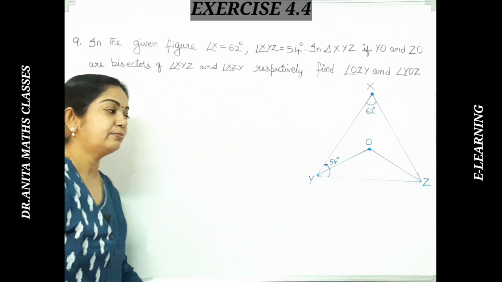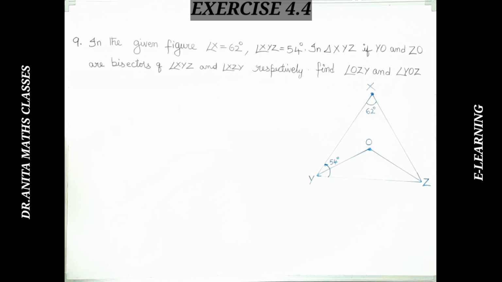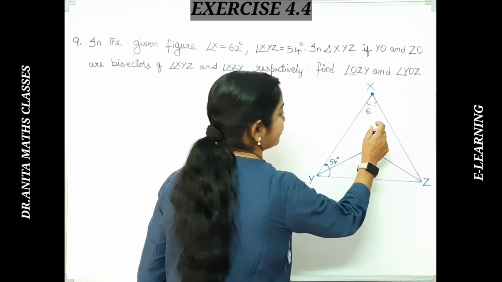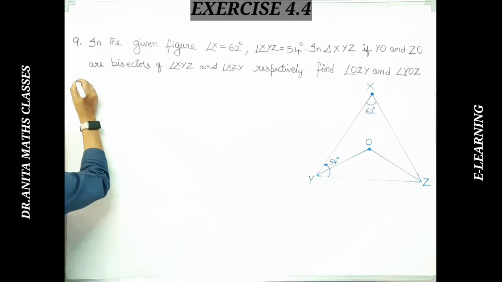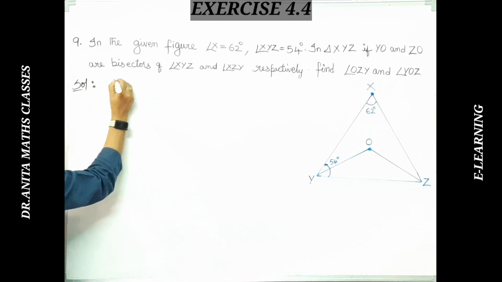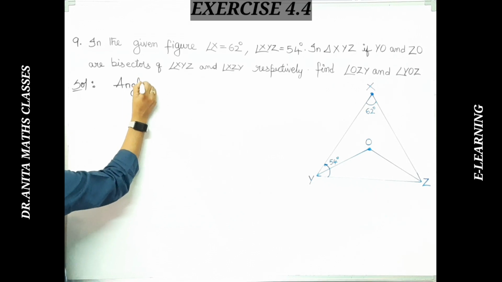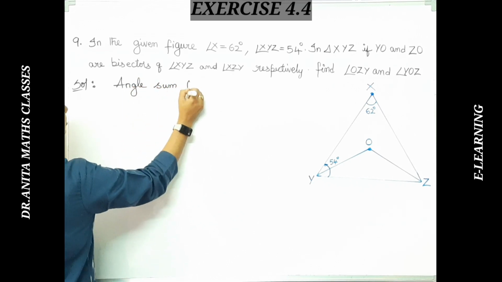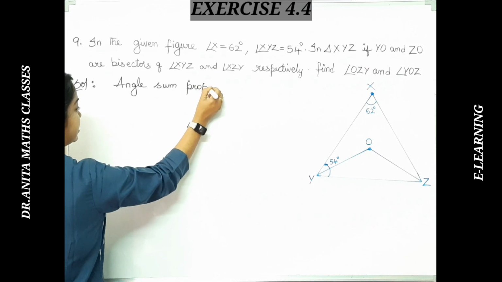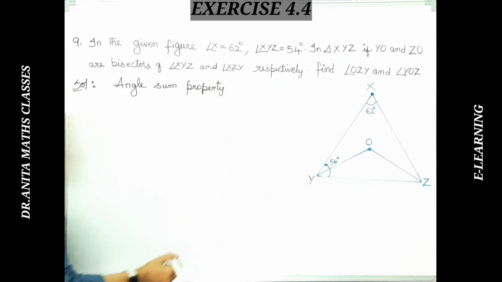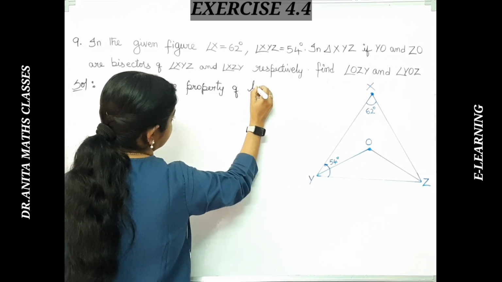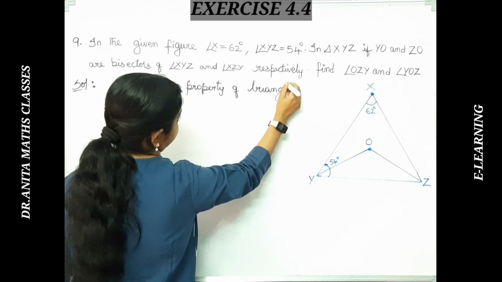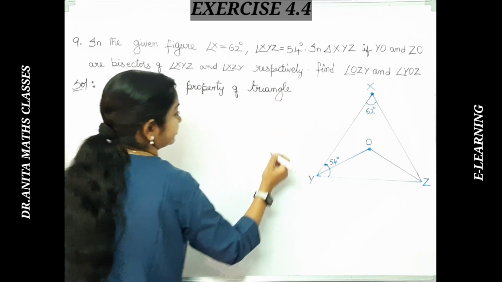Here we can see two triangles, and also the bigger triangle XYZ. From the angle sum property, we have two angles, so we will find the complete Z angle. The angle sum property tells that the sum of the three angles in a triangle equals 180.